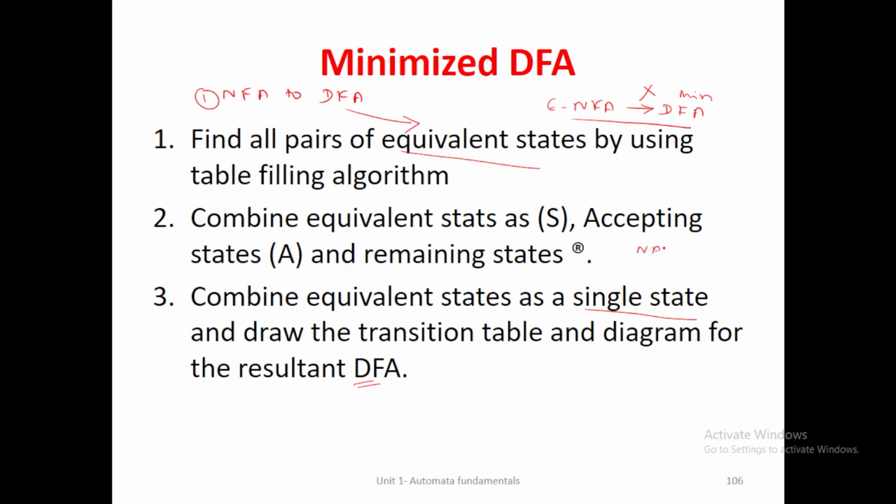From the non-accepting states, you should find out equivalent states and not equivalent states. So finally, you should get 3 different kinds of states. After the final calculation, you can find out equivalent states, not equivalent states and accepting states of the resultant DFA. Then you draw the diagram for this DFA notation.